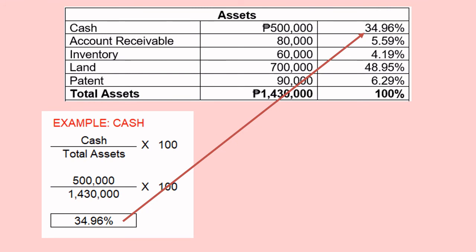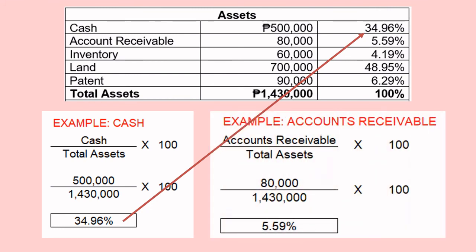Another example, accounts receivable. So, again, the formula, balance of account divided by total assets times 100. So, that's 80,000 divided by 1,430,000 times 100 equals 5.59%. Ayun.